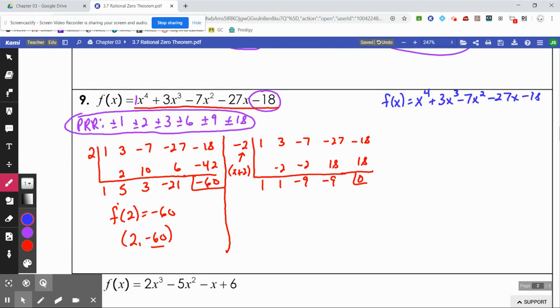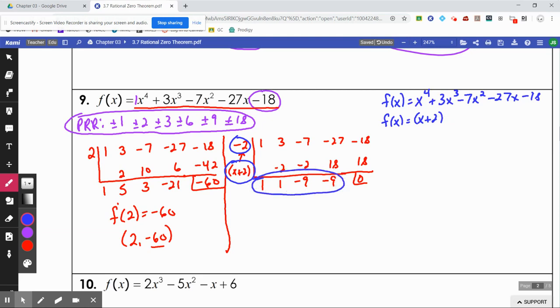I just took that function and divided it by x plus 2, and I got x to the 3rd plus x to the 2nd minus 9x minus 9.